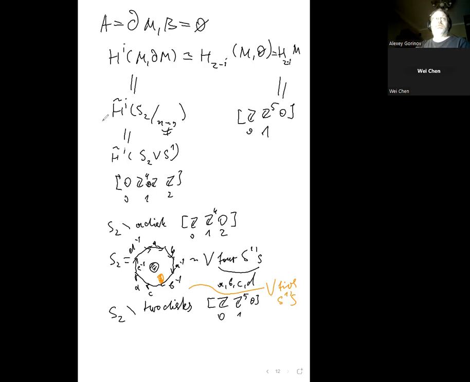And this is the same answer as the Poincare-Lefschetz isomorphism tells us. This Z is isomorphic to this Z, and this Z5 is isomorphic to this Z5.